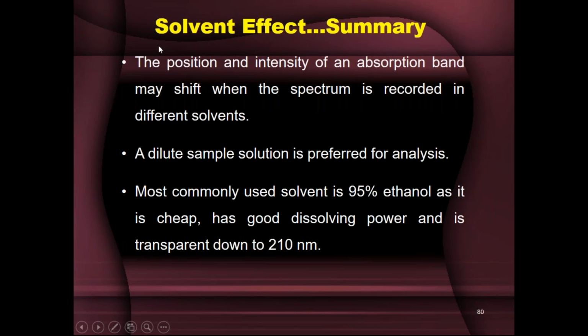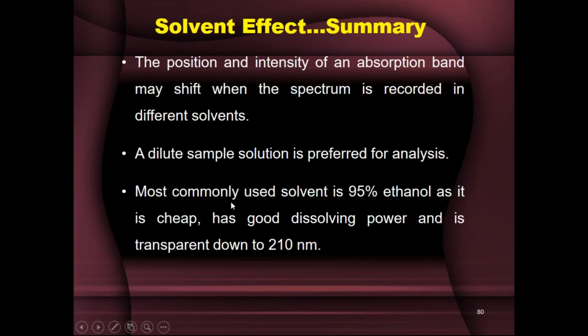What is the effect of solvent on spectrum? The position and intensity of an absorption band may shift when the spectrum is recorded in different solvents. A dilute sample solution is always preferred for analysis. So the solvent is very important.